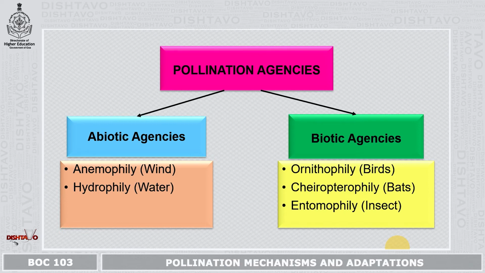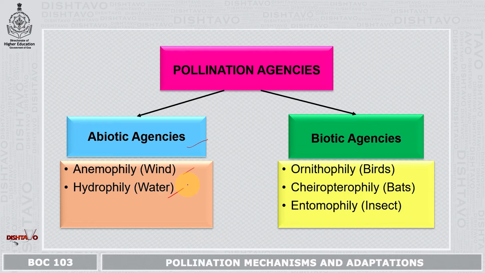Now we will learn about pollination agencies. Pollination agencies can be broadly categorized into two groups, that is abiotic agencies and biotic agencies. With regards to abiotic agencies, the pollinating agents are non-living. So there is wind and water.